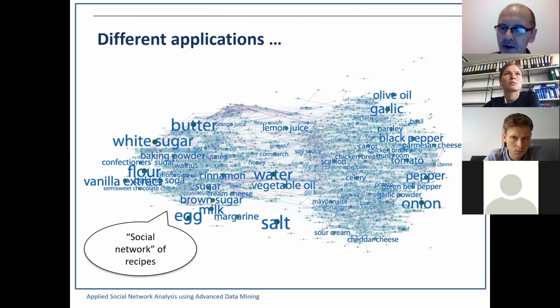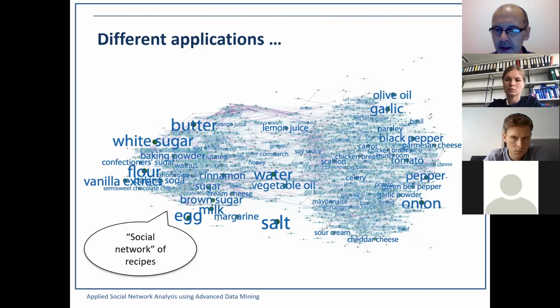And the second message is we should think out of the box when we think of social networks. As the word says, it is not always a way to represent interaction between humans. In this case, we have interaction between ingredients. Of course, there is no social behavior of water or salt or whatsoever.